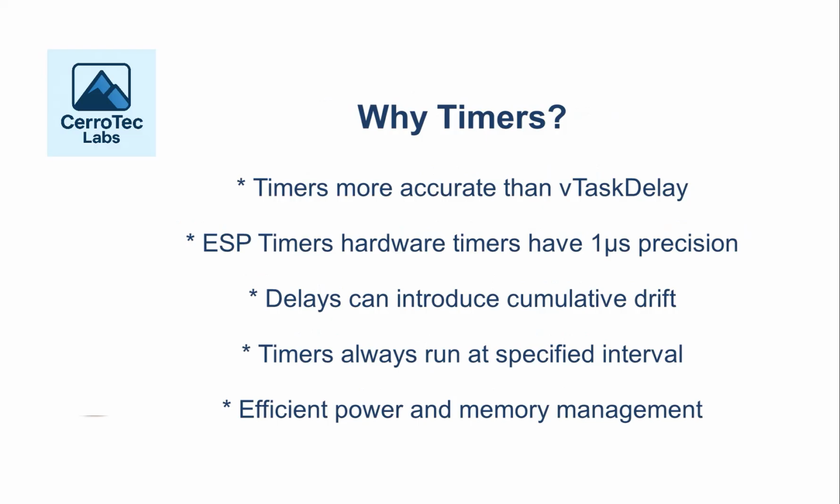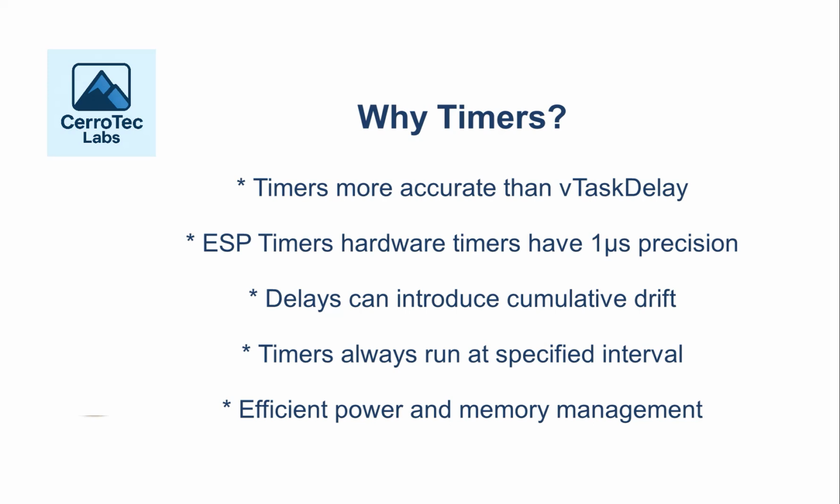Why use timers? Timers are more accurate than, for instance, the vTaskDelay method. The ESP timer uses a high-resolution hardware timer to trigger callbacks with a 1 microsecond precision. Delays can introduce a cumulative drift because the work done in the loop adds to the total cycle time, and timers will always run at the specified periodic interval.